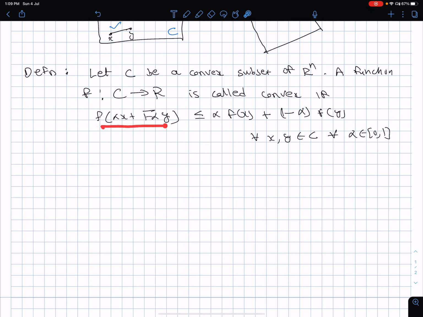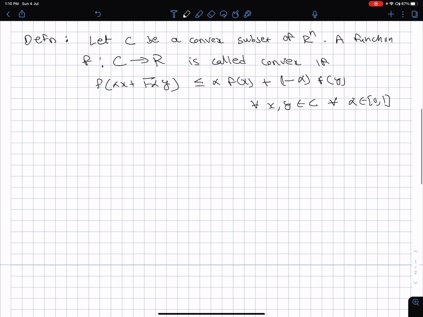When you evaluate this function, what you should get is that it is less than or equal to what you would obtain by linear interpolation of f of x and f of y. Again, let's look at a very simple example.